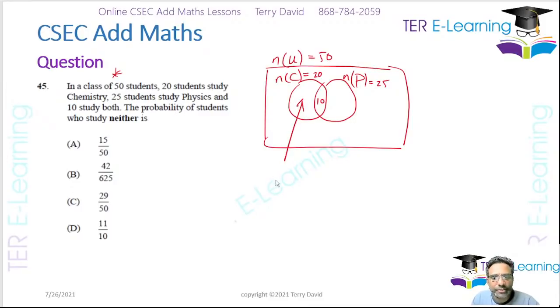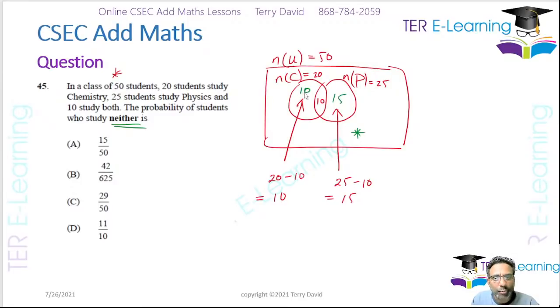And so what we can do, we can work out this here. This part is going to be 20 minus 10, which is 10. So let me use a different color inside here. So this here is 10. And then we could work out this part here. This part is going to be 25 minus 10, which is 15. So this here on the inside is going to be 15. Now we can work out what's happening on the outside, because they said who study neither of those subjects.